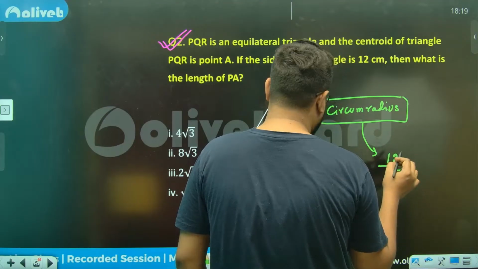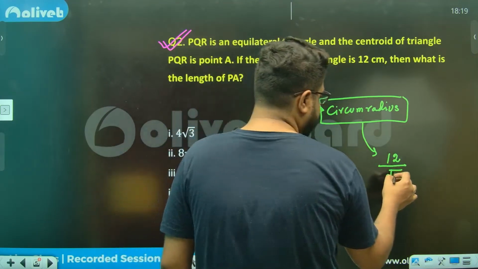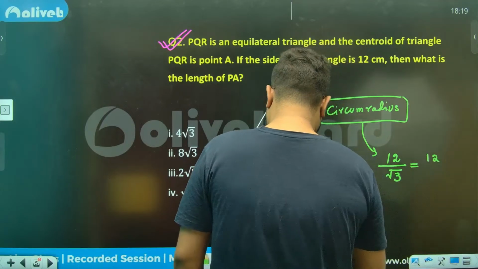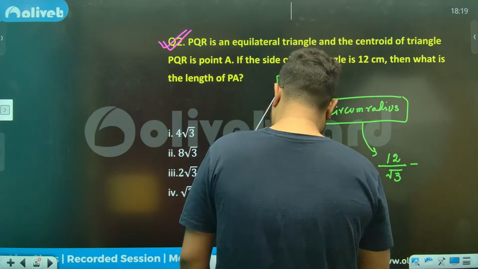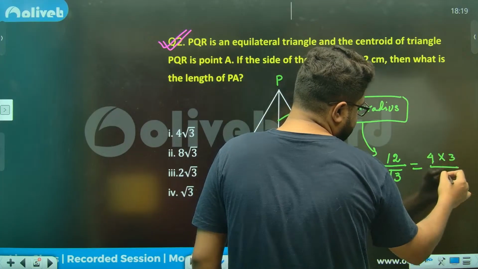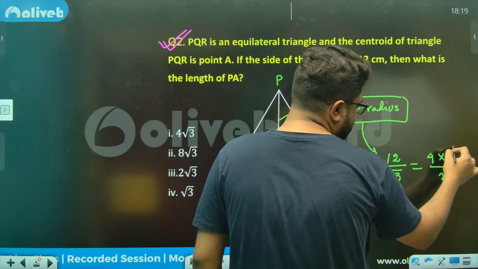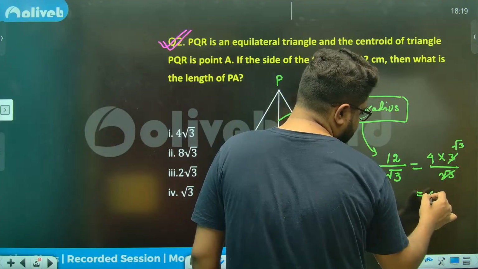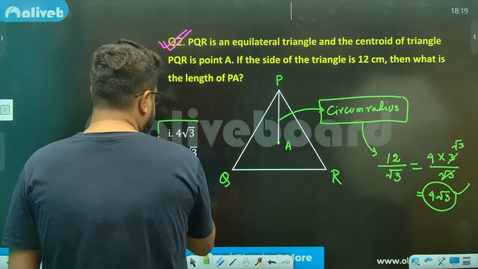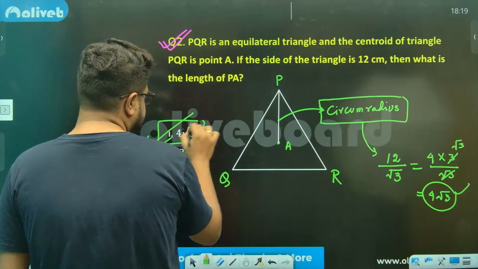Here the side is 12, so 4 into 3 divided by root 3. This comes out to be 4 root 3 centimeters. So option number 1 is the correct answer.